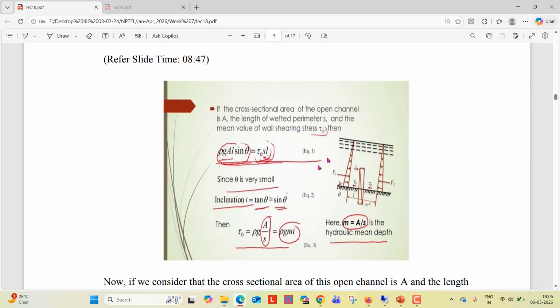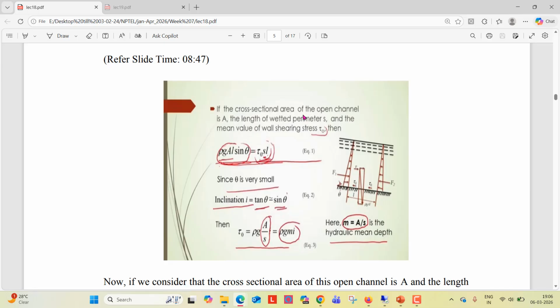So how is the force balance happening? If the cross-sectional area of the open channel is A, and the length of the wetted perimeter is S, and the mean value of the shear stress is tau 0, what can we say?